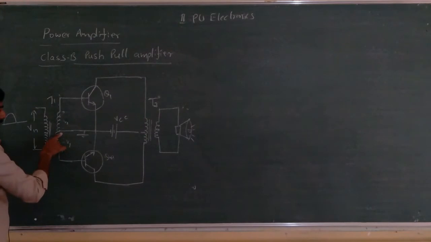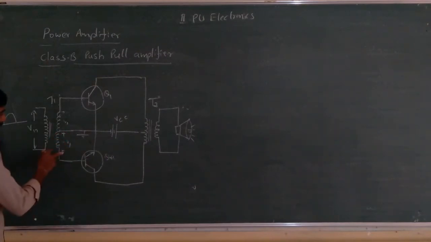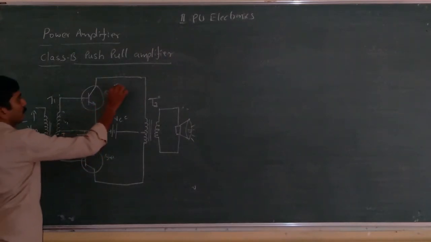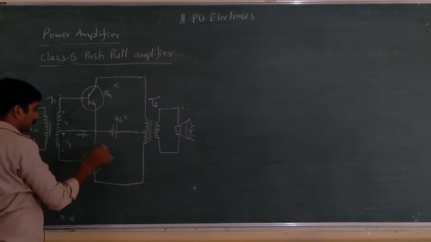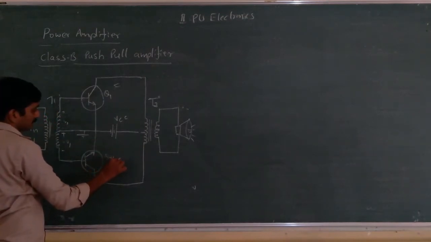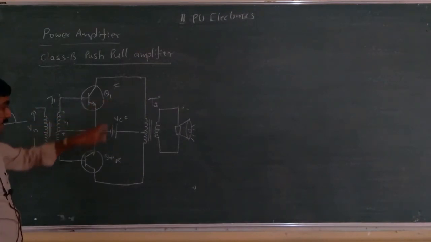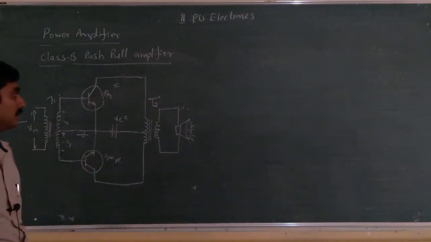At the same time, the negative voltage at the base of transistor Q2 reverse biases it. This is forward bias in the positive half cycle, and this is reverse bias for Q2. Therefore, Q1 conducts, whereas Q2 does not conduct.